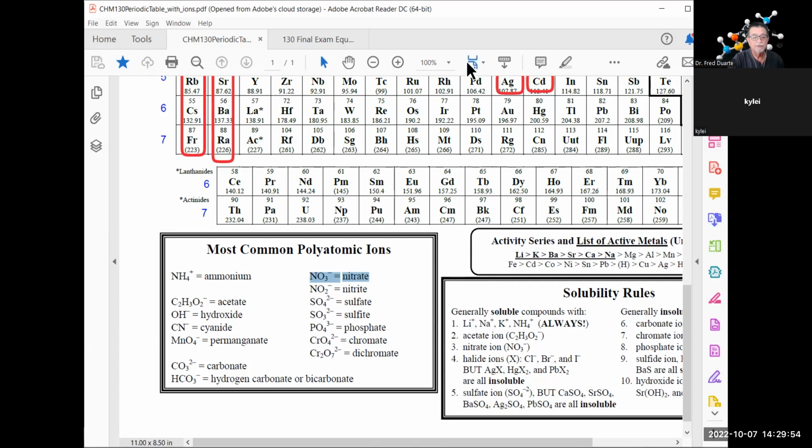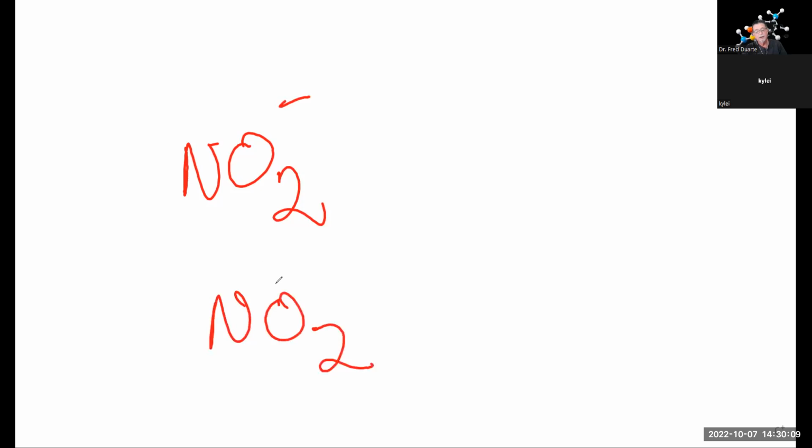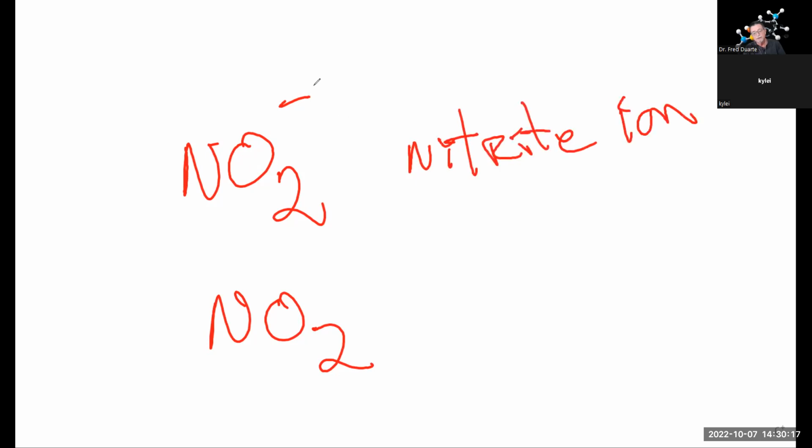There is a difference between this one and this one. The top is an ion. This is the nitrite ion because it is a polyatomic ion.